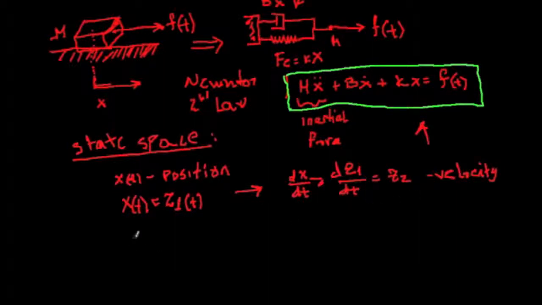We also recognize that the second derivative of the position is acceleration, but the first derivative of the velocity is acceleration. In other words, we can write that this is m z2 dot plus b x dot, but x dot is again z2, so b z2, plus k z1, and this is equal to f of t.